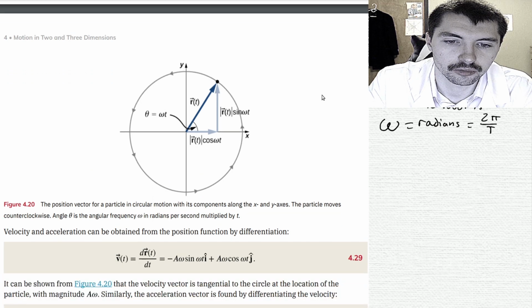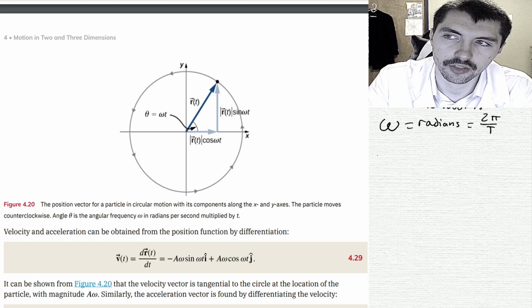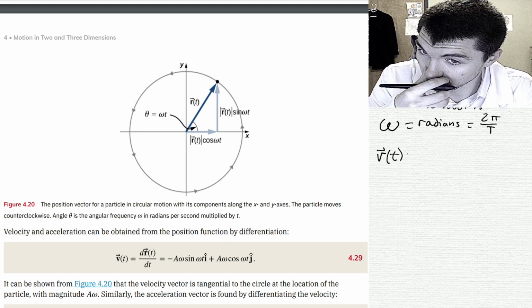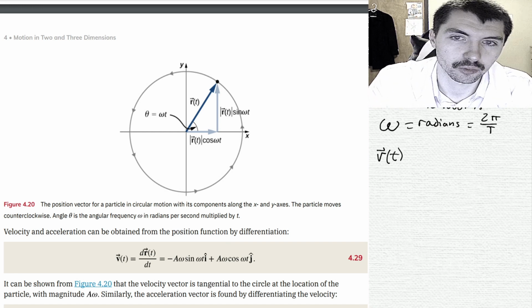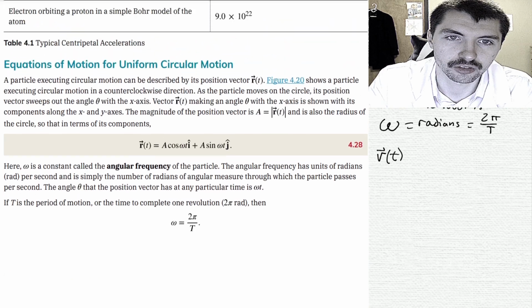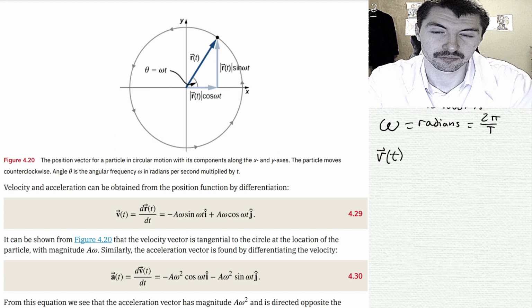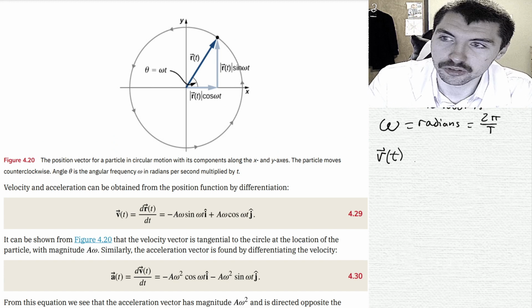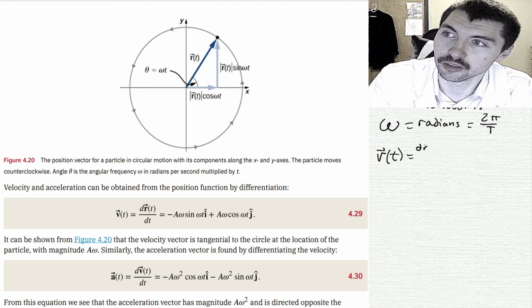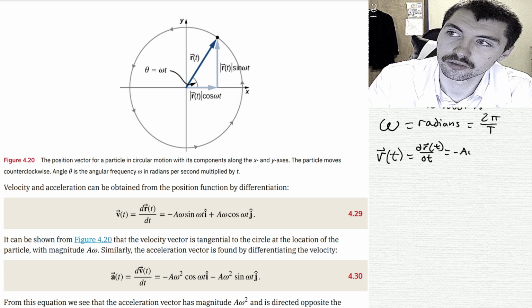All right, so they are saying the velocity vector of this, what is it called, uniform circular motion. Okay, so uniform circular motion, you're saying that dr is negative A omega.